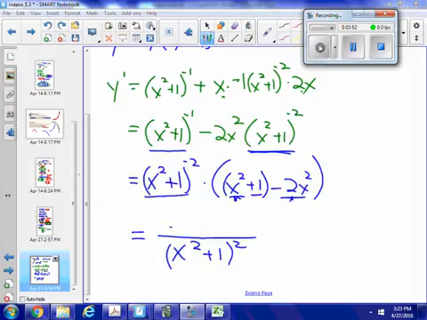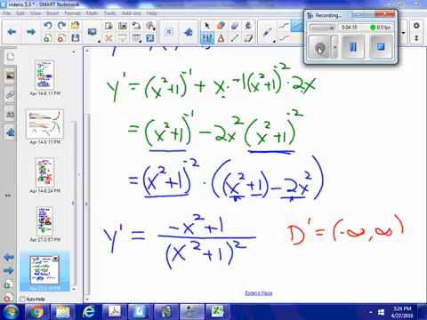So I have negative x squared plus 1 over the denominator, and that's my y single prime. While I'm at it, I may as well note again that the domain of y prime is also all real numbers. There's nothing I can substitute in for x that's going to make my denominator 0. No radical signs with an even index, no logarithms. So that's the domain of that.